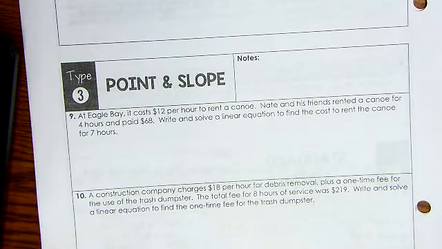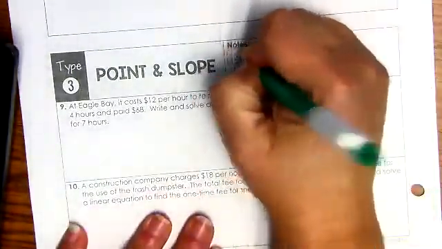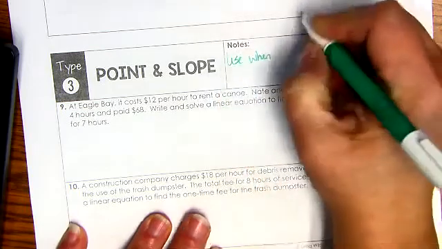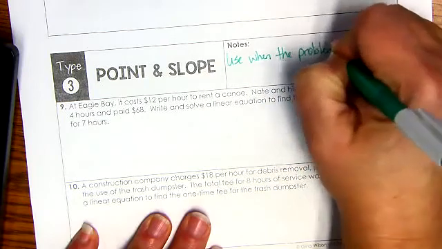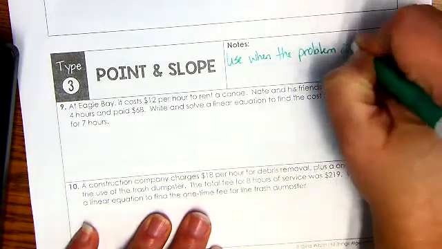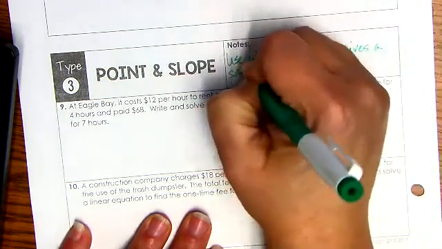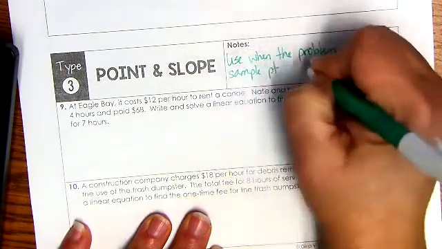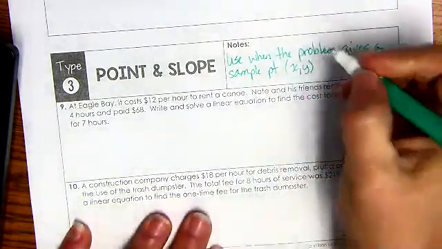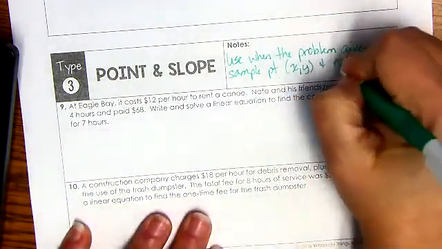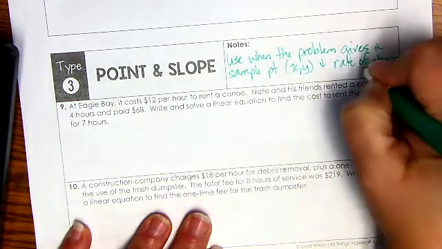Okay, for point slope form, use it when the problem gives a sample point, x comma y, or the data that would make up one, and a rate of change, which is m.